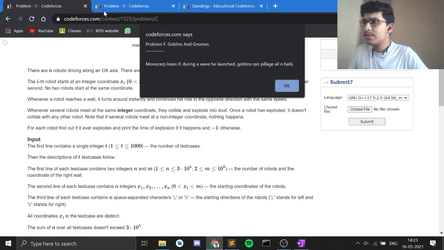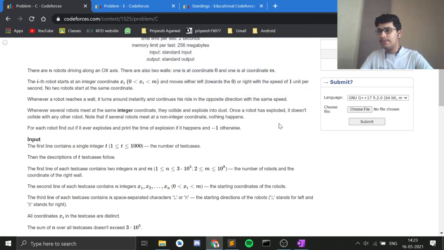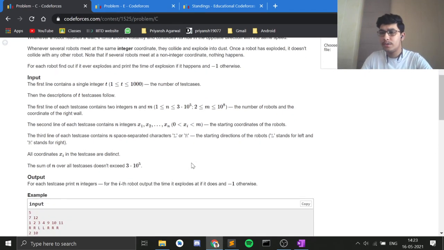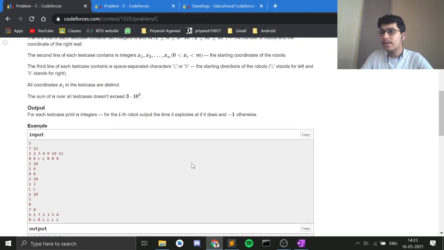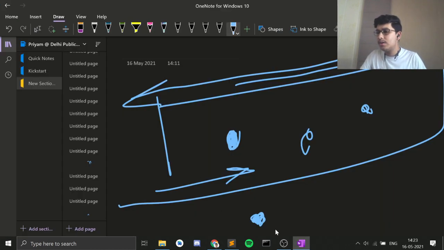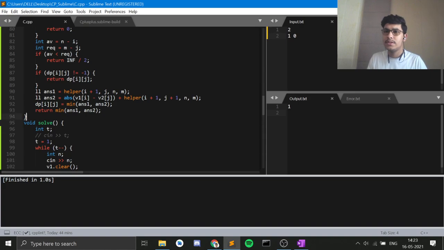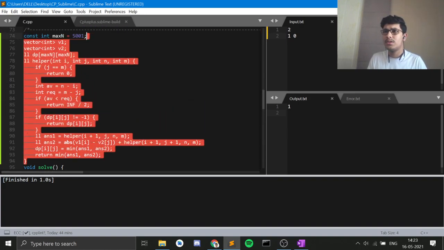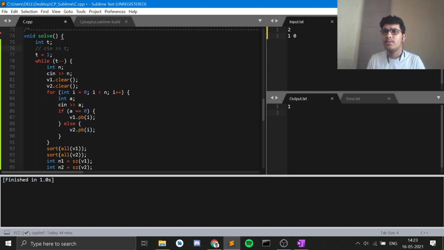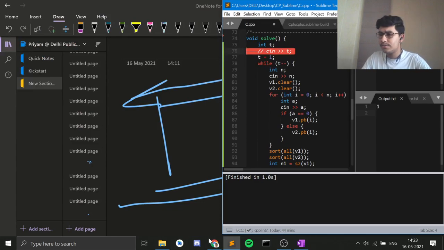Okay, so another observation I have at this point is that if there are two numbers of different parity, then they can never collide. I can maybe test it with the code itself to see if this is true, because I tried out a bunch of cases and it was coming out to be true, but I can try out some random cases here. And what is the range of n here?